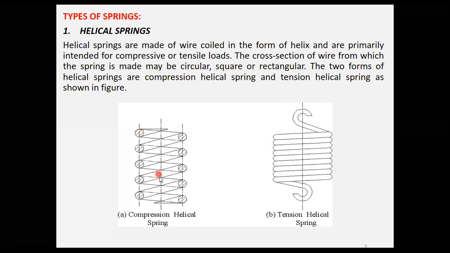And in the slide, you can see both types of helical spring. One is the compression helical spring, the other is the tensile helical spring. This is about the helical spring.